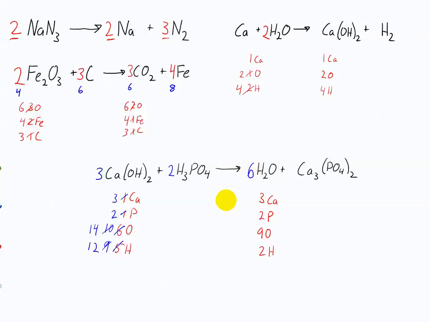And then that's going to change our oxygen count too. So that's moved this to 12, and that's changed our oxygen count to 6 plus 8, which is 14. Is everything balanced now? It is. So by going systematically and keeping track of our counts the whole way, we were able to get it balanced.